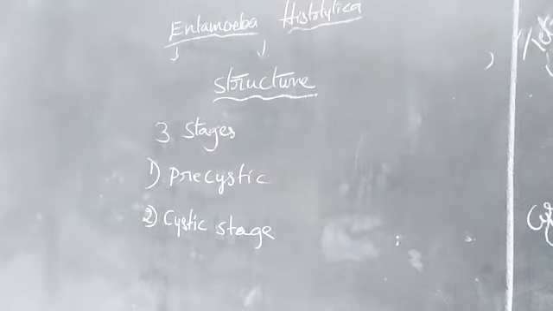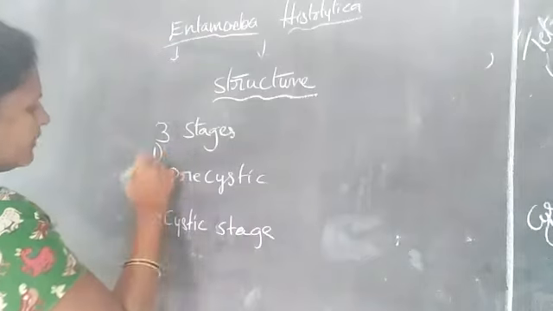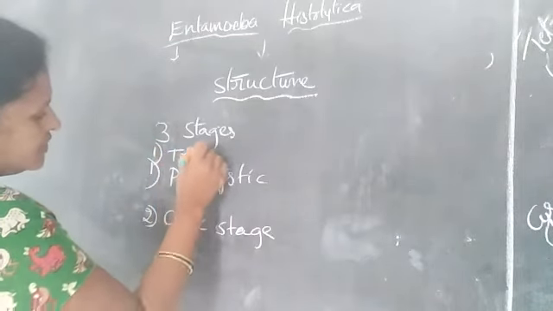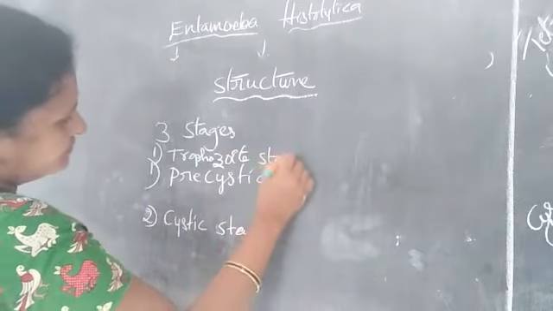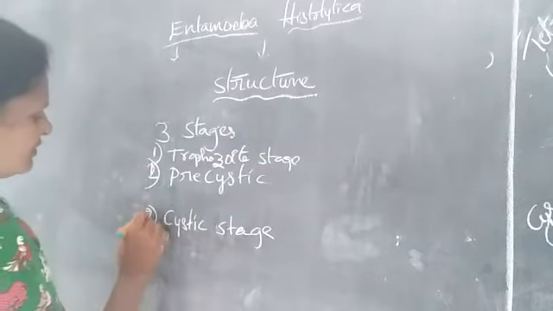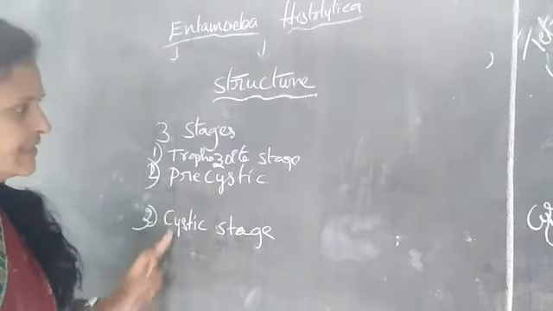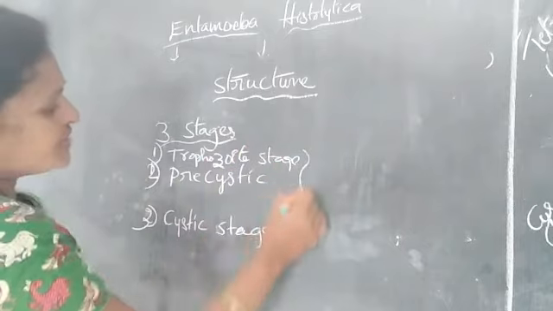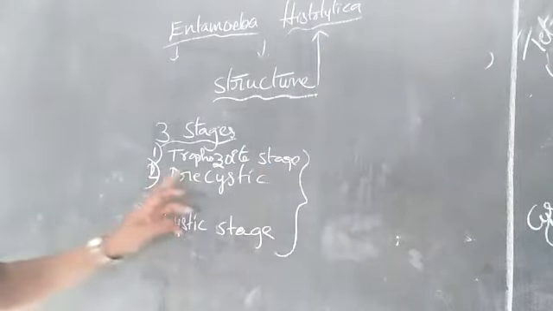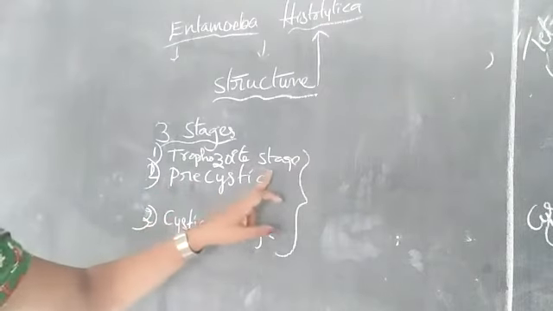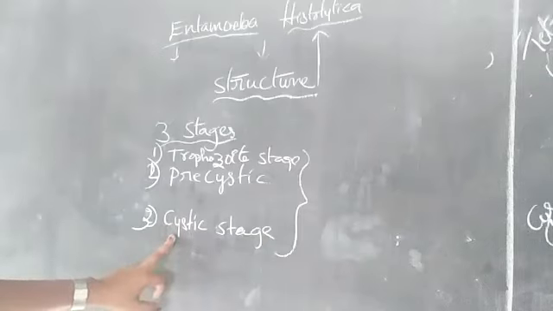First one is the trophozoite stage, the second one is the pre-cystic stage, and the third one is the cystic stage.